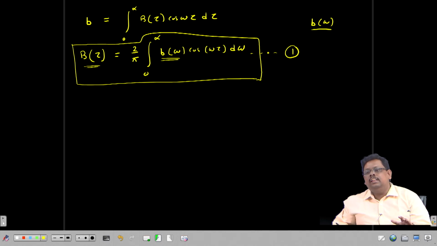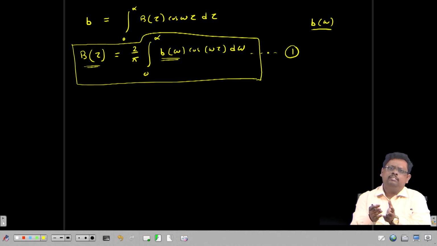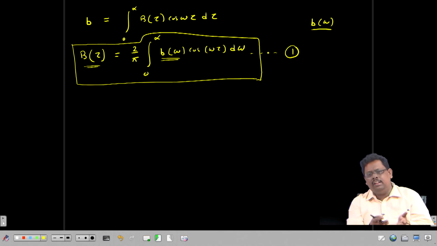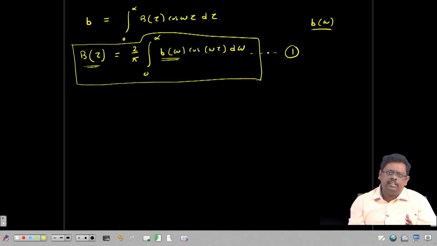So, now the question comes, like what I asked before: what is the point? I have the solution for b omega anyway from solving this frequency domain panel method, so why are you doing such mathematical jugglery and come up with something where, if I do not have knowledge of one, I cannot get the other? What is the difference? Nothing, it is simply a Fourier transformation at the end.